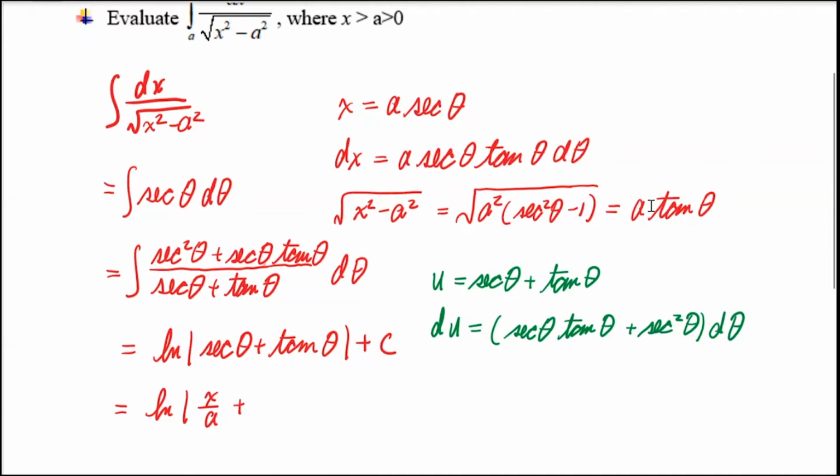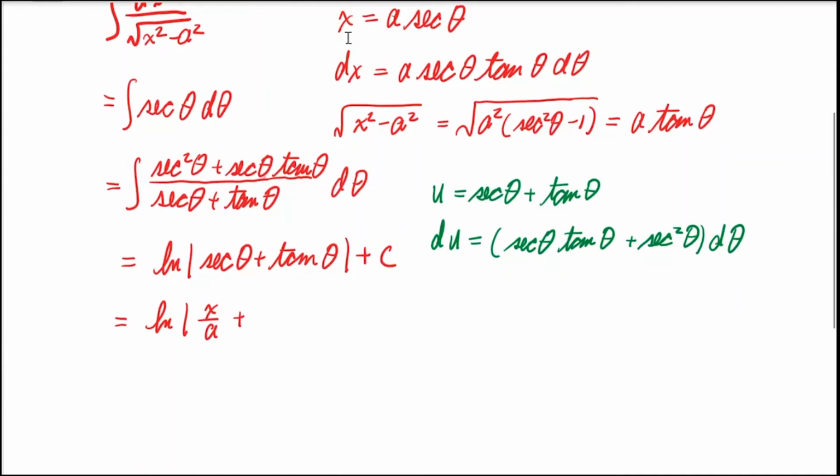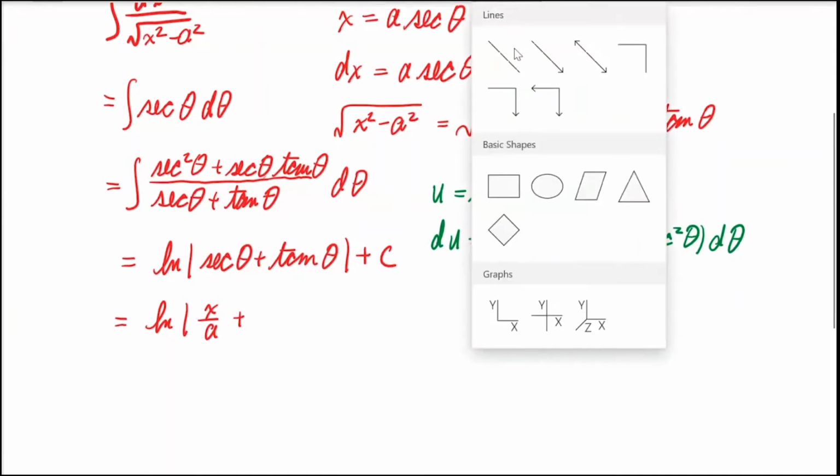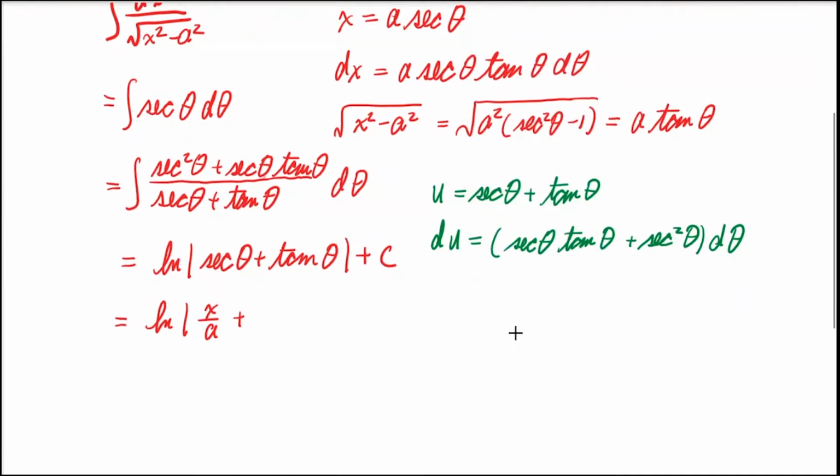Look, here's the tangent theta. That's the square root thingy over a now, isn't it? If you draw it, it turns out to be that. You want me to draw it for you while we're at it? Okay, let's draw it. I mean, it's a good exercise, so let's draw it right here.